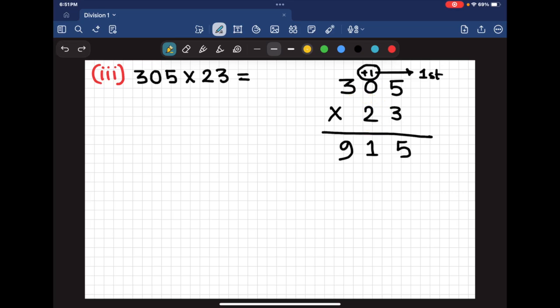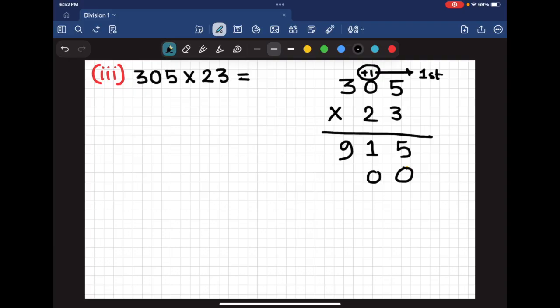So 5 times 2 or 2 times 5 is 10. And don't forget, right away we have to put a 0 in the bottom of the ones position, because this 2 is the tens position. So right away put a 0 over here, then start the multiplication. 2 times 5, then 2 times 0, and 2 times 3. So 2 times 5 is 10.